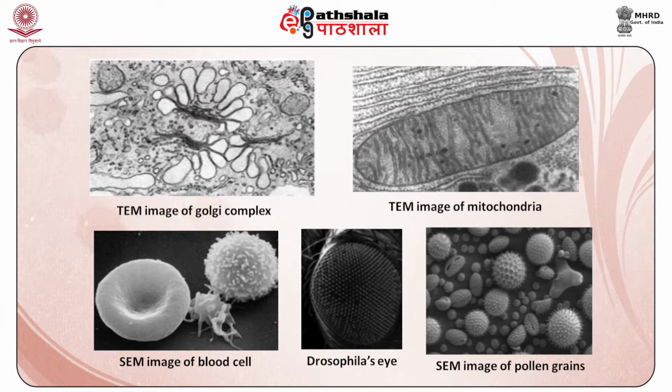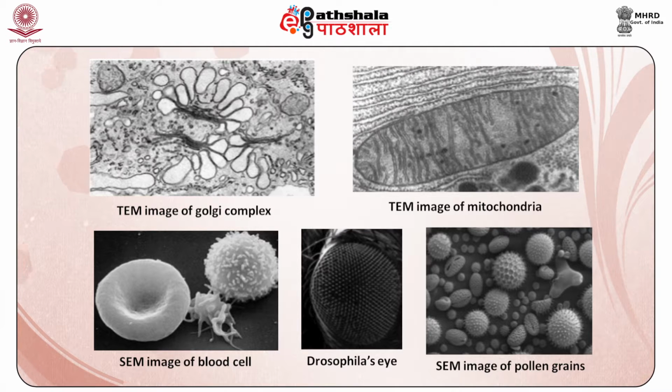Observe these other electron microscope pictures. The first one is a TEM image of a Golgi complex. As indicated to you earlier, the Golgi complex is an important organelle of a eukaryotic cell, which is important in both glycosylation of various proteins as well as targeting them or distributing them for presence within a cell or export out of the cell.